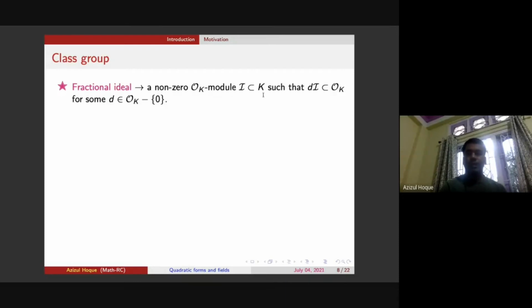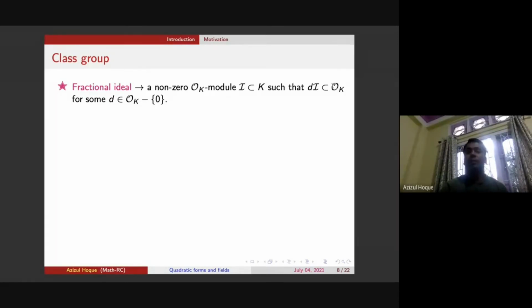So start with the number field K. Look at a submodule over the ring of integers, say I, such that for some non-zero algebraic integer, this pushes inside the ring of algebraic integers. So this I may not be inside this O_K, but if I multiply this by some algebraic integer, then it pushes inside the ring.